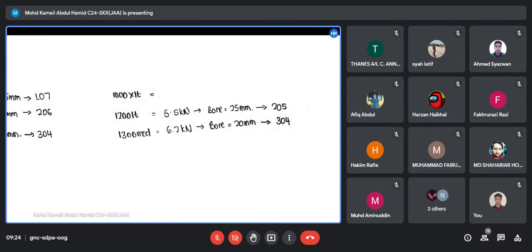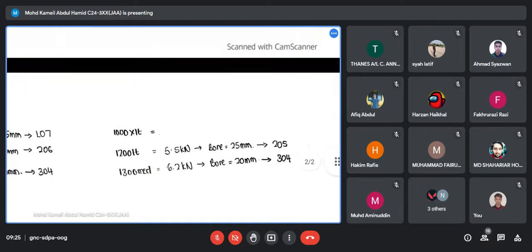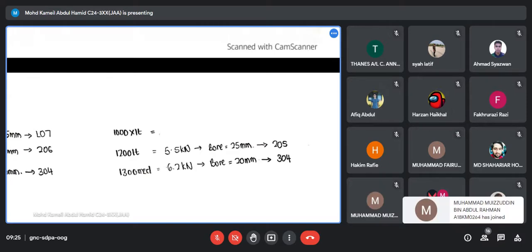And then the answer for roller bearing. Apa ni? 1000 series. Roller bearing. 205, 204. 1000 series tak ada 25, 20. 1000 series. 1200 series. 200 series.